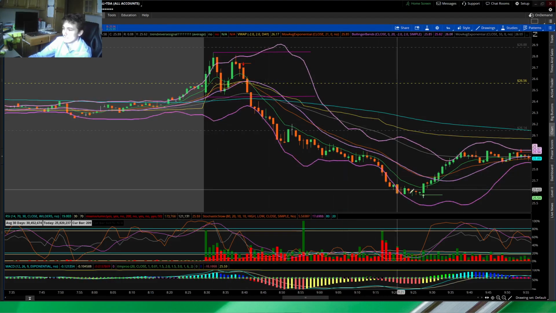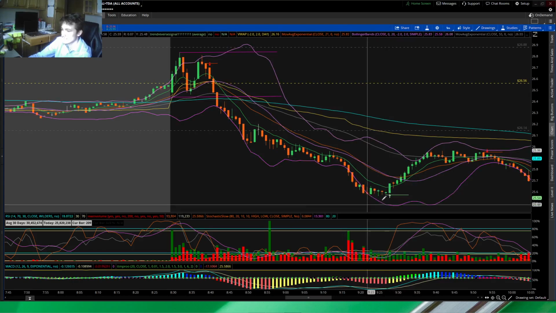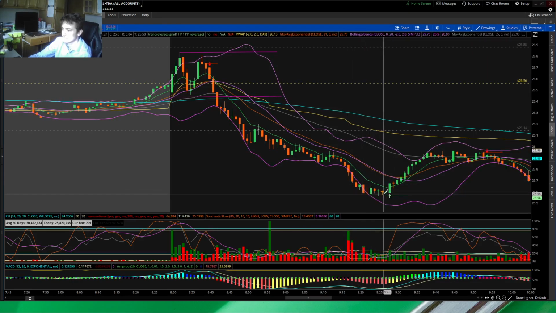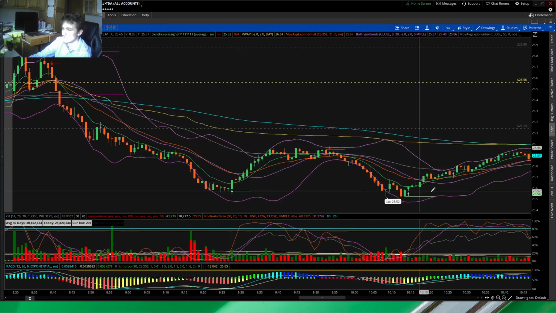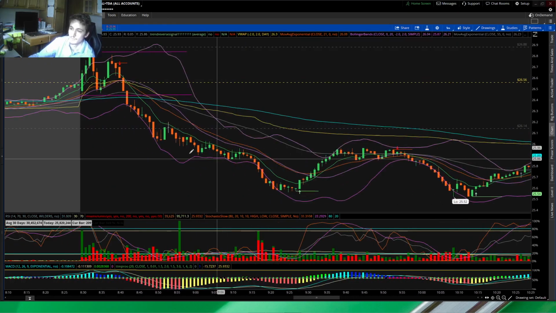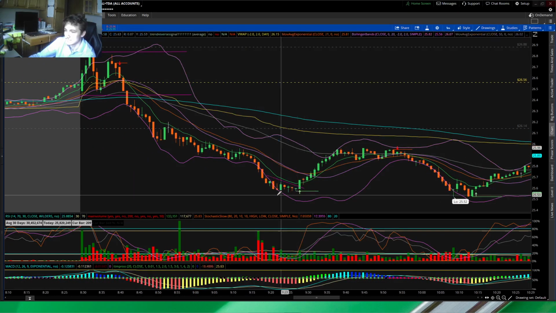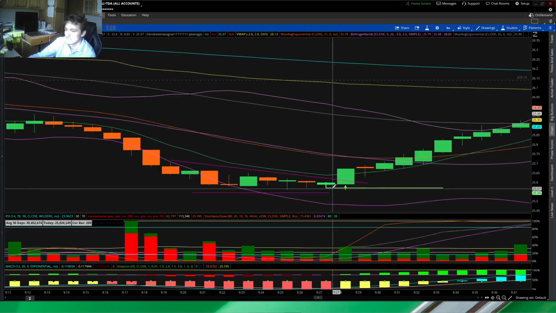So, and then it went all the way down here, and then you could see the hammers and stuff right here, and that kind of indicates the end of a trend. And then after this guy, it popped back up, and then it went down again. But yeah, it was an overall pretty good trade. This even made just a little wedge right there.